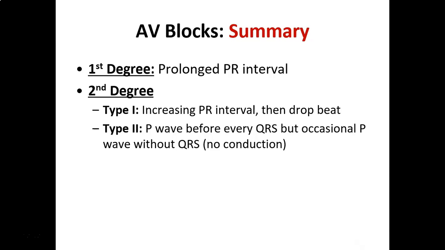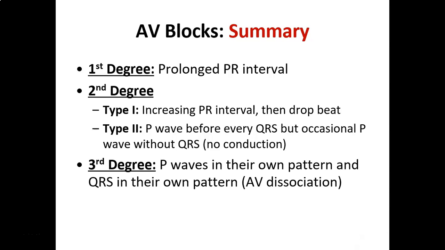In type 2, some P waves are conducted to the ventricles and some are not conducted. But PR interval, wherever available, is fixed and constant. And in third degree, P waves are produced on their own pattern and QRS complexes on their own pattern. That is complete atrioventricular dissociation.